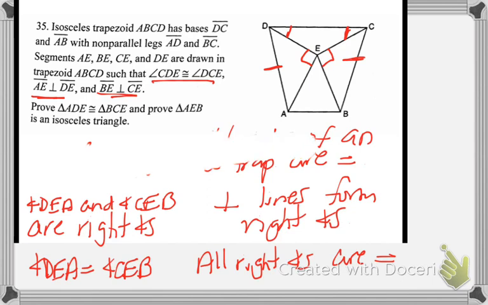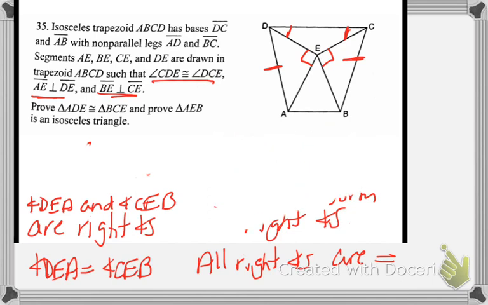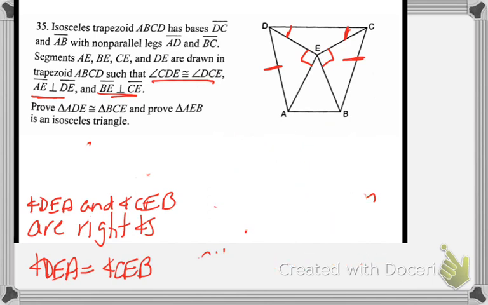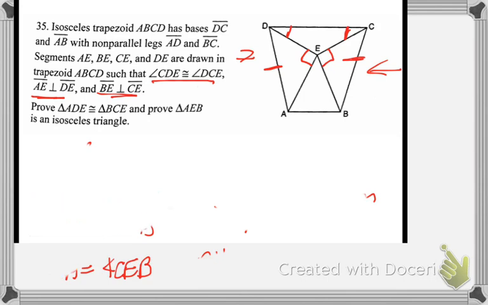So it looks like we are out of givens. If you look at the two triangles, this one here and this one here, it looks like they're trying to lead us to proving those two triangles are equal, but we only have two things on those triangles. So I think we're going to have to use what we said before, which is that if the whole thing is isosceles, then these base angles must be equal.